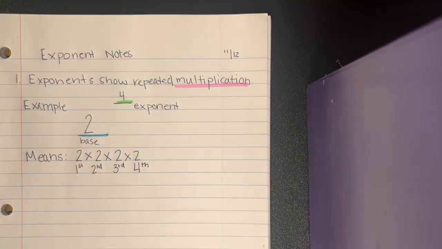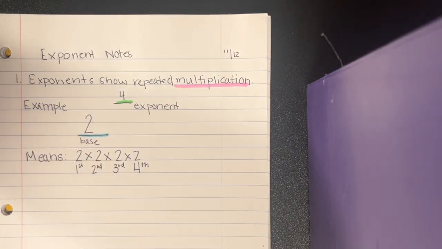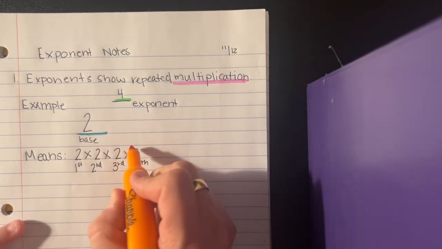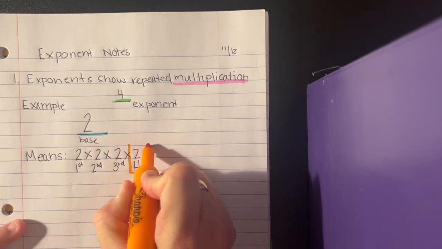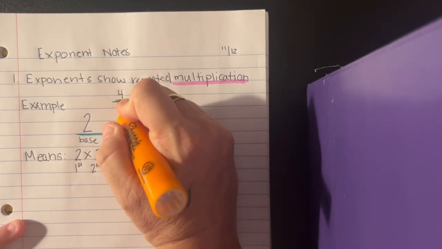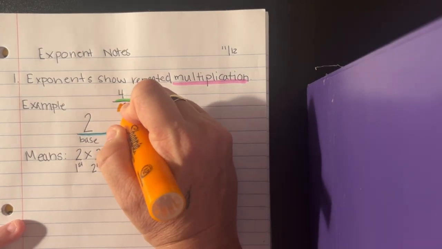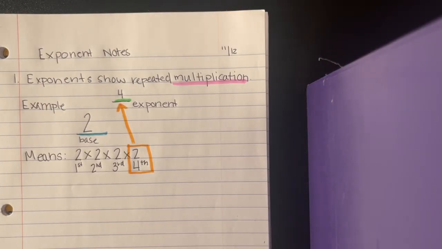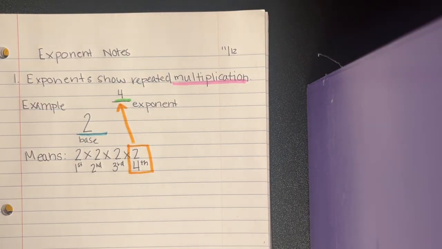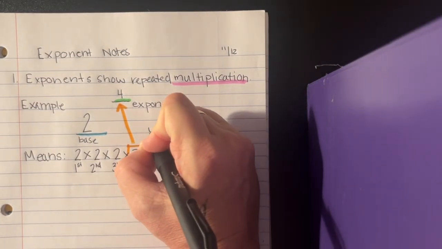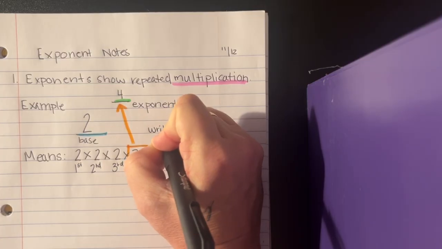And you will notice here that the number of times we multiply our number by itself is the same thing that we're going to use as our exponent number. This can also be put in written form. In written form, it looks like this.